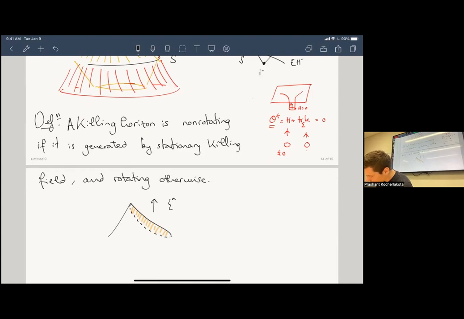This vector field could become space-like as it crosses the event horizon. It could even be that in a neighborhood of the event horizon, which it is in particular in the case of Kerr.